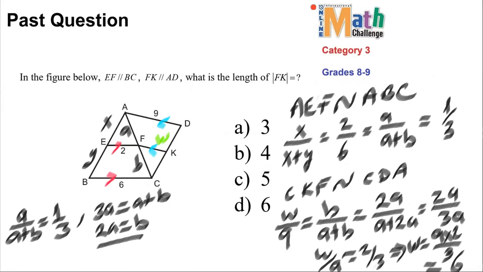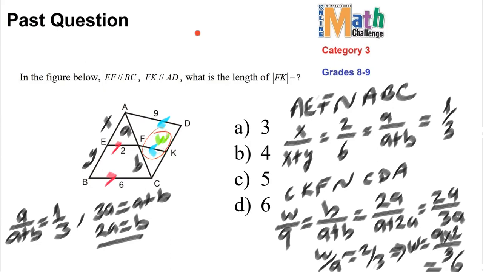Now, question number 3 is about similarity of triangles, or similarity of shapes. But this is a little bit hard because we have a few more similar shapes. So first, let's start with this one. The question says these two red ones are parallel, and these two blue ones are parallel. We are given 2, 6, 9, and the question asks what is this value?